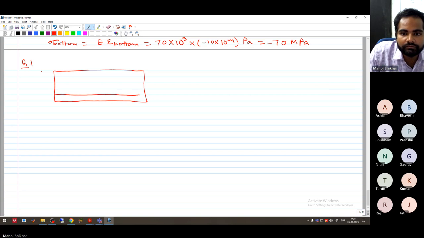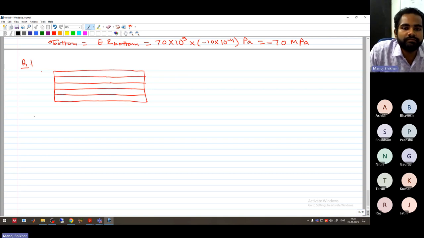This is our beam, and it is simply supported. Each of these has a height of 2 inches. So the total height is what? Total height is 10 inches. We are applying one UDL.